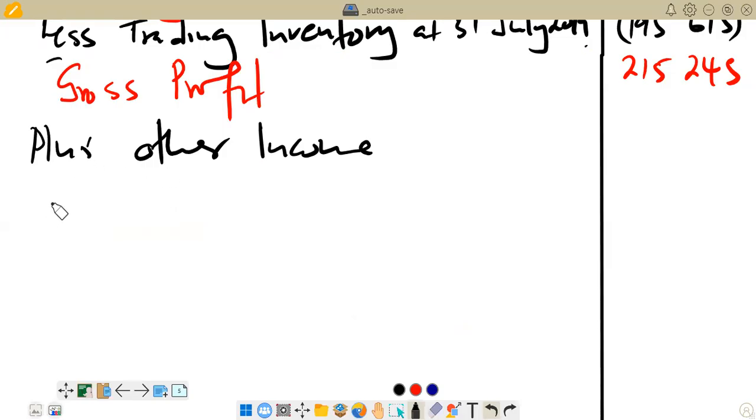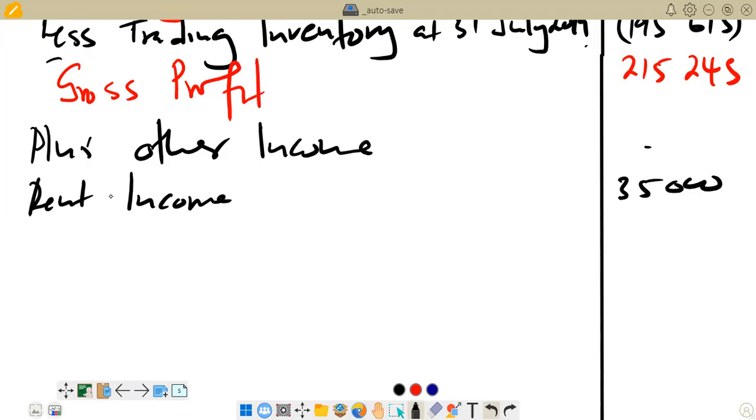So if you come here now, we are saying now we have got rent income, and you see that the figure that we have for rent income is 35,000. So here we're leaving it blank because we have got plus other income description that we have here. So then the total for other income, we're going to put it here again.